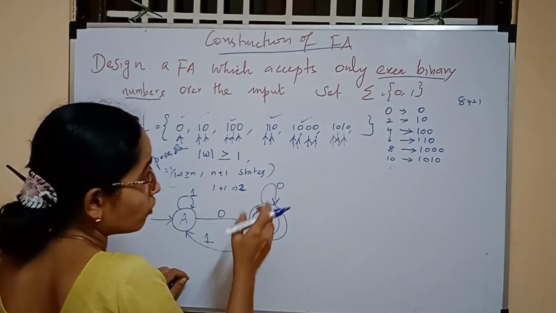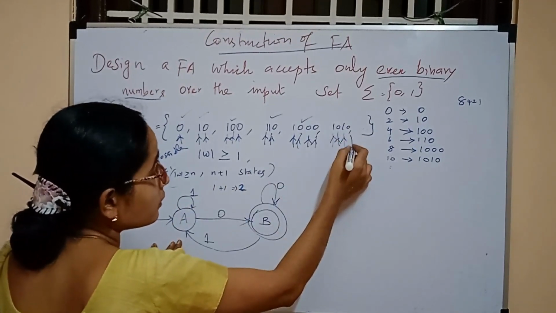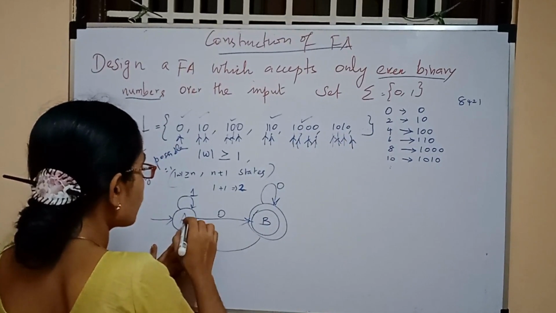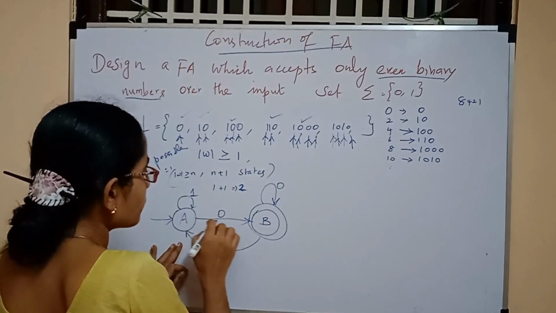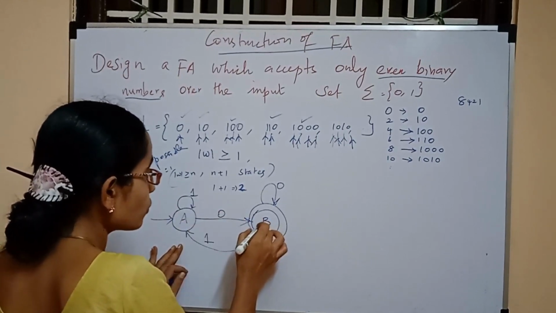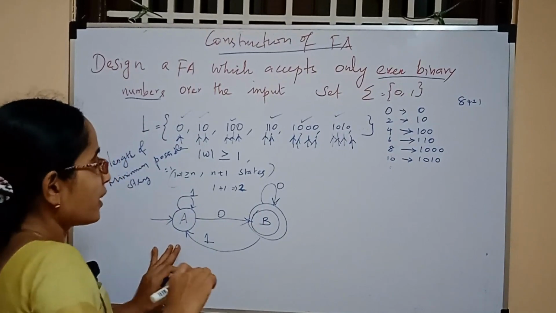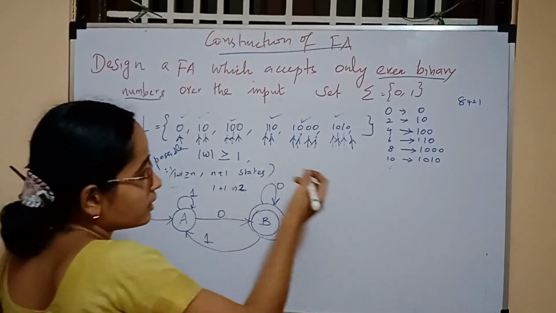I cannot accept that string, right? So I'm just moving to A, and then I'm reading 0. So being on A, I'm getting 0 and the string is accepted. Which means 1 0 1 0 is accepted, right? This is also accepted.